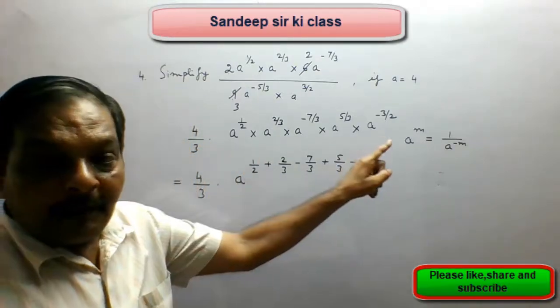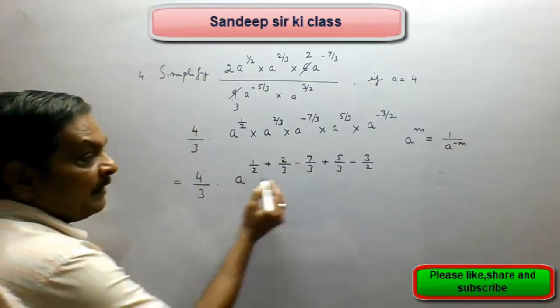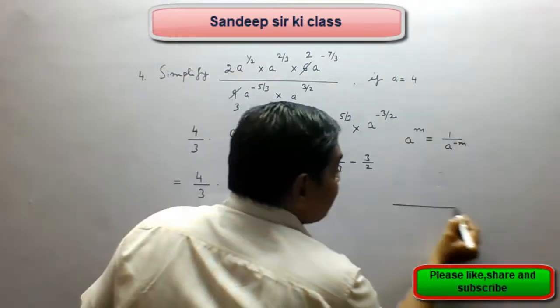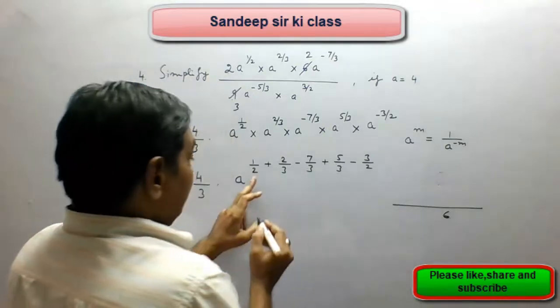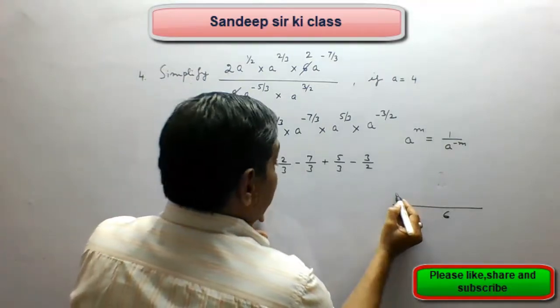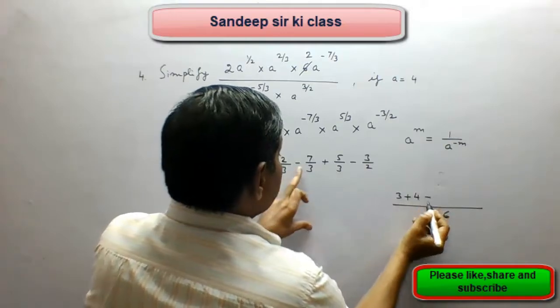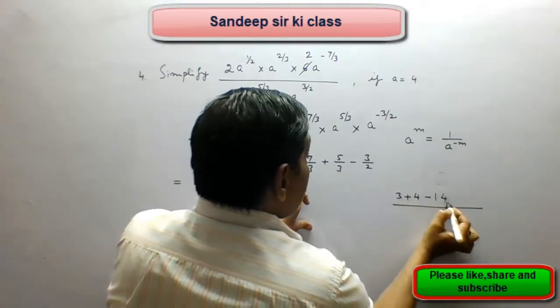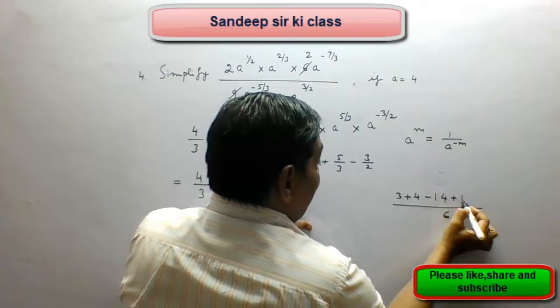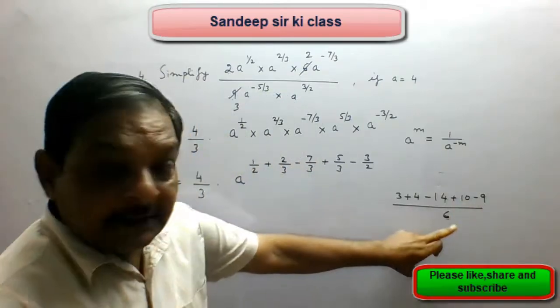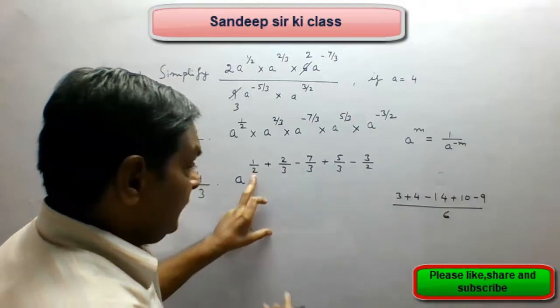We have added the powers of a. Now we are simplifying the powers separately. LCM will be 6. We obtain 3 plus 4 minus 14 plus 10 minus 9. We have taken the LCM as 6.